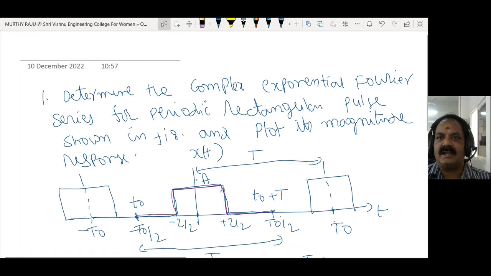Here, find out the complex exponential Fourier series.